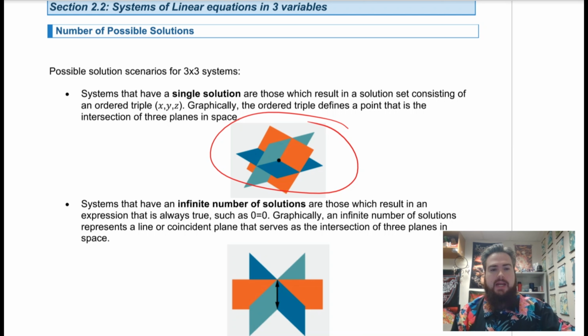Instead, you could also get a system where you have an infinite number of solutions, which are those that result in an expression that is always true, such as 0 equals 0, 5 equals 5, some constant number equal to the same constant number. Graphically, an infinite number of solutions represents a line that serves as the intersection of 3 planes in space.